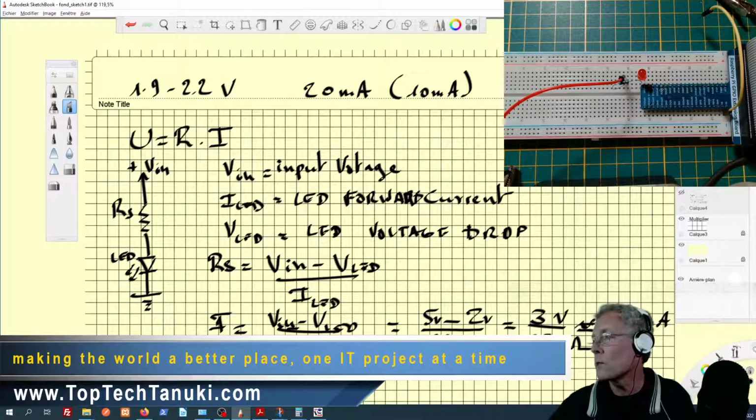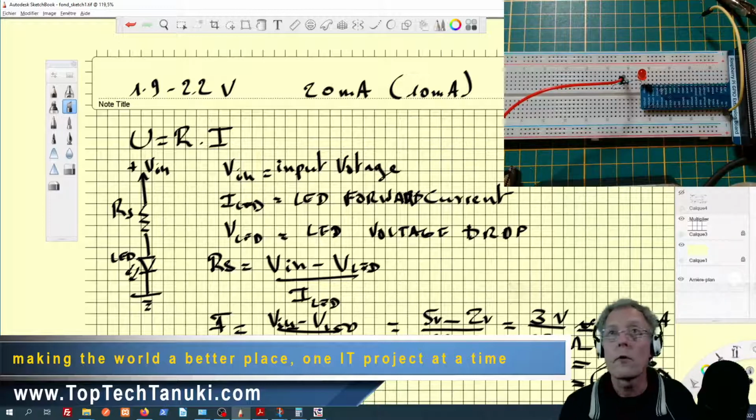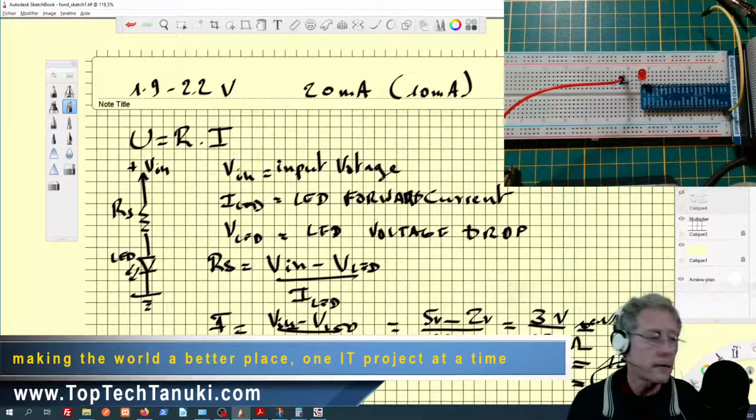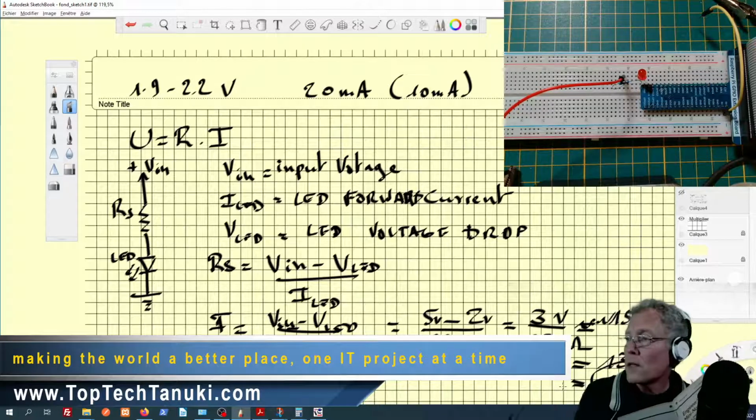So this is an approximate value, and the exact value is 13.6. Okay, let's say 14 milliamperes, because we are doers, we are not lawyers. Sorry for lawyers. Yes, about 14 milliamperes here.